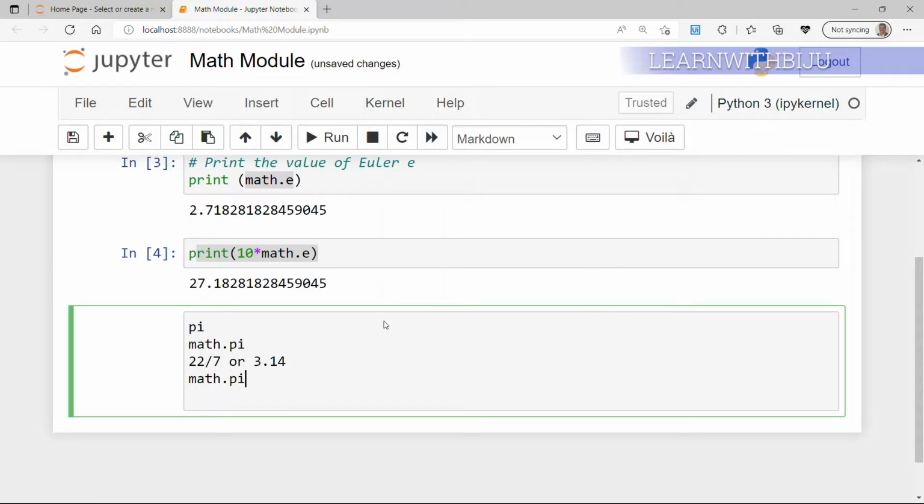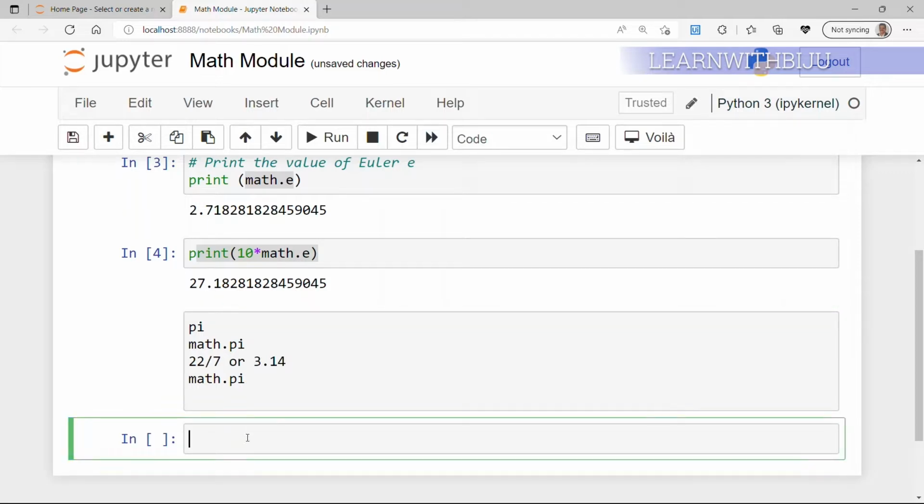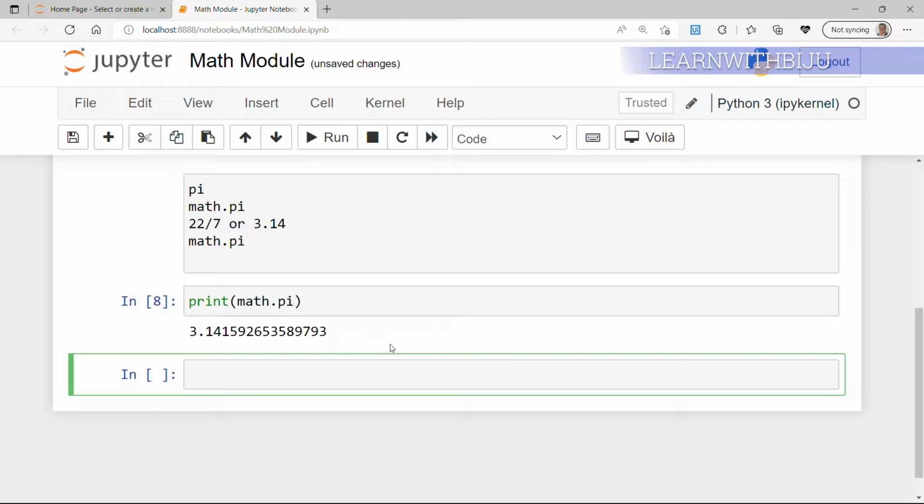Let's try to execute a command, print math.pi. So you're going to get 3.1415926535897993.